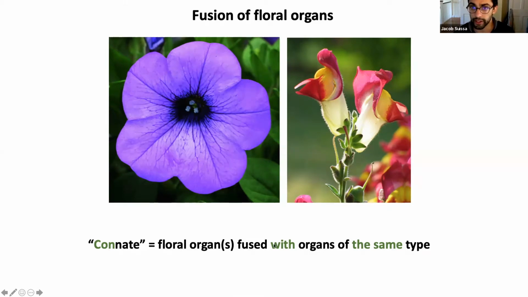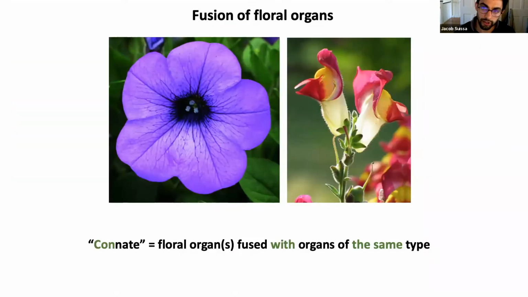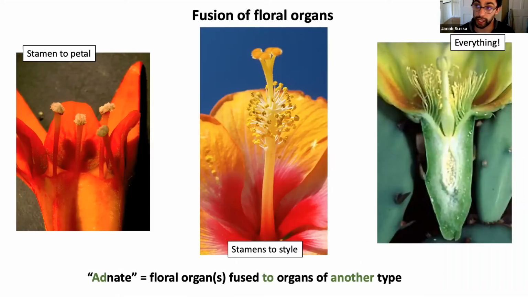And this is distinct from what we term adnate or adnation, which is non-like floral organs fusing together, right? So connation is like organs fusing together, and adnation is non-like organs fusing together.